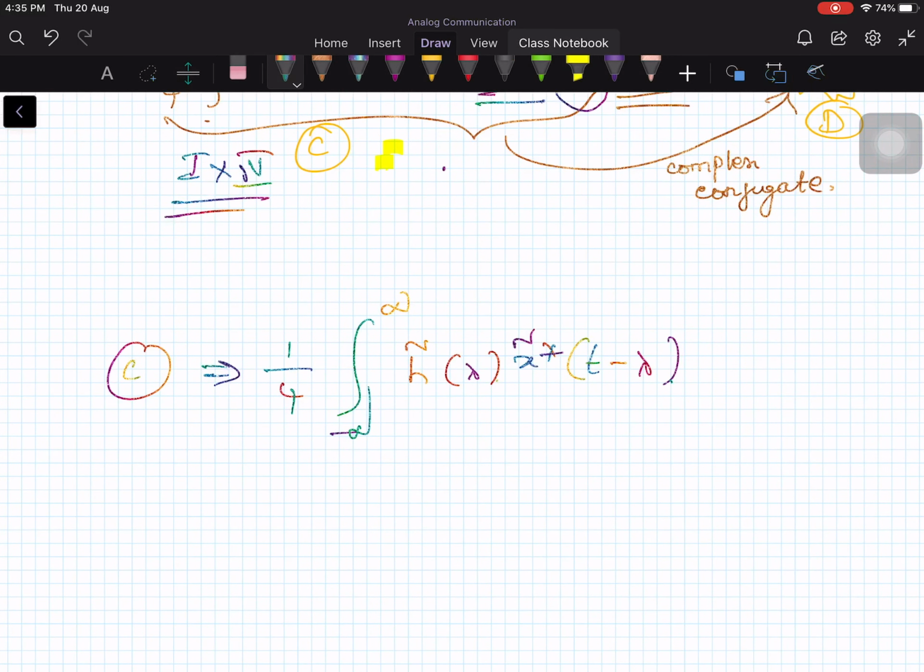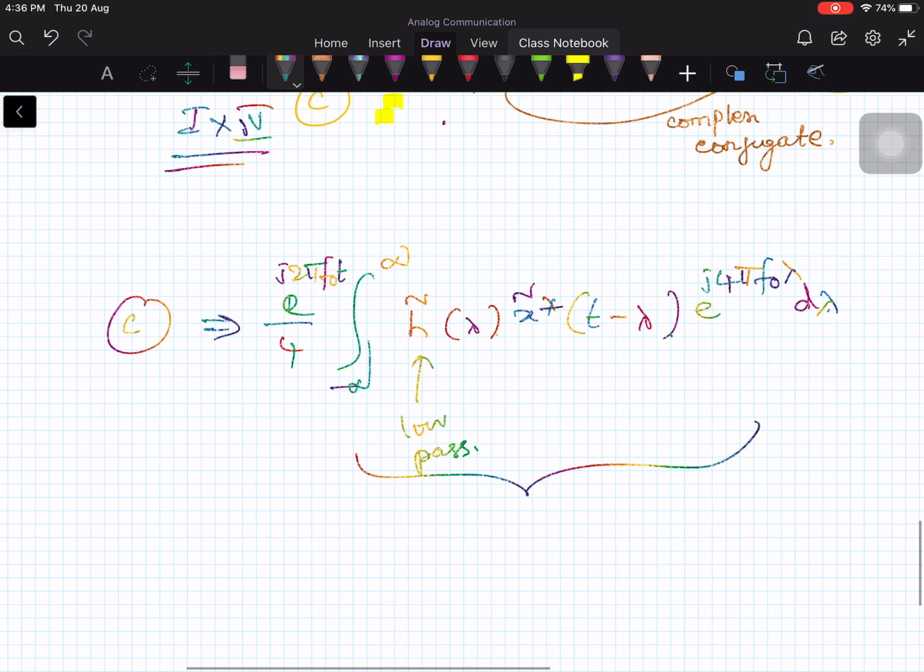This tilde indicates a low pass signal. Low pass means it is a slowly varying signal, that's all. That's what I mean. e to the j 4 pi f naught lambda d lambda. This is a constant, you can bring out e to the j 2 pi f naught t. Now how will you simplify this integration?